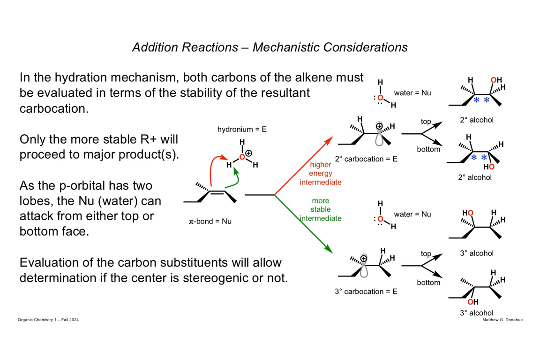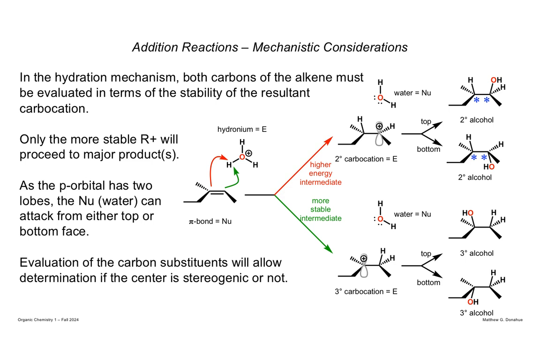The higher energy intermediate, you're now protonating the carbon with no hydrogens. So that generates the secondary carbocation, which water can trap from the top or the bottom. And as you see with the stars or the asterisks, those denote stereogenic carbons.